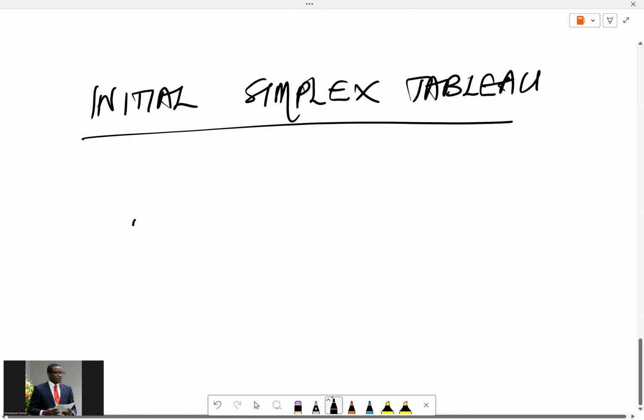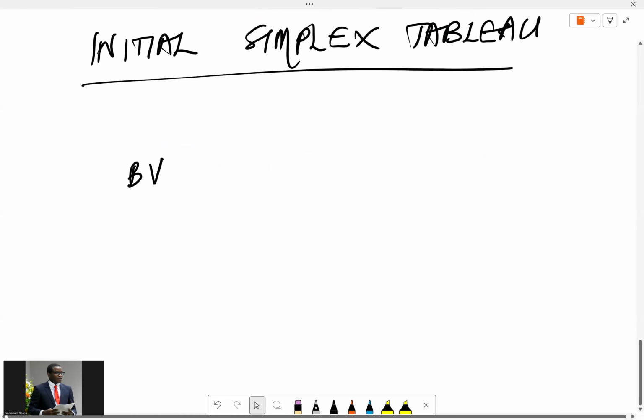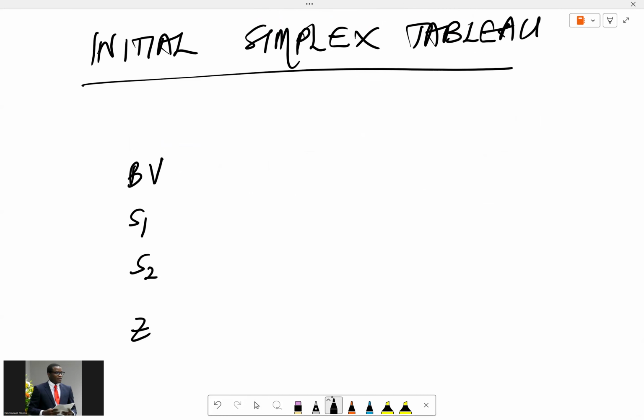So you have BV. The basic variables will have to be the slack variable S1 and the surplus variable S2. Of course, you have your Z coming beside this. So you have it in a form of matrix straight up. And then this is X1, X2, S1, S2, and then you have your B.